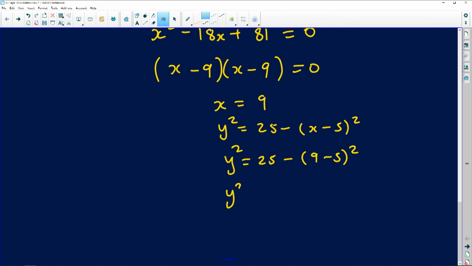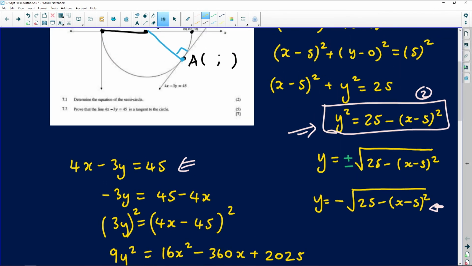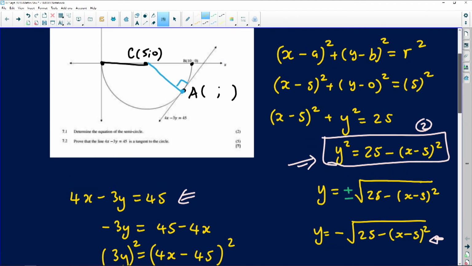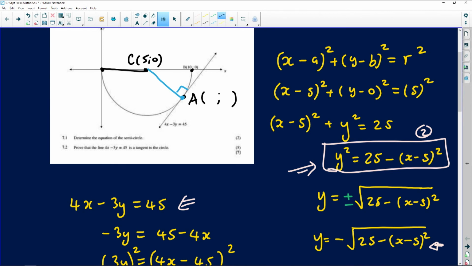So I'm sitting with y squared is 9. You take the square root on both sides, then your y comes out as plus minus 3. Based on the position of our point of contact, where they meet each other, I'm ending up with an answer of minus 3 as the possible solution that makes sense. Remember, this gave me a 9, so I'm willing to take a minus 3 here instead of a plus 3.